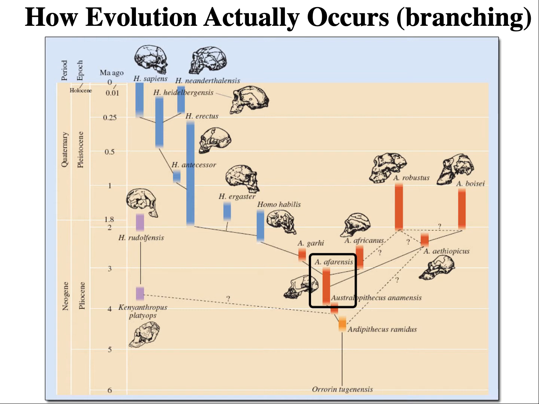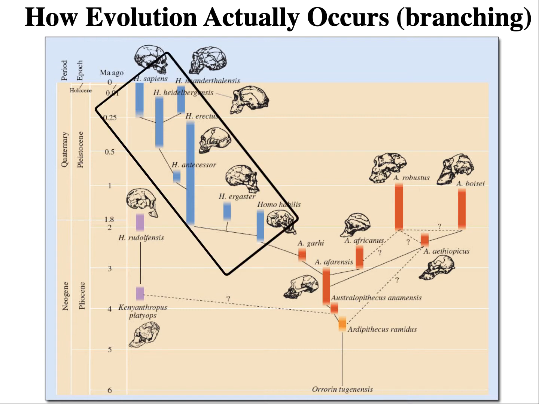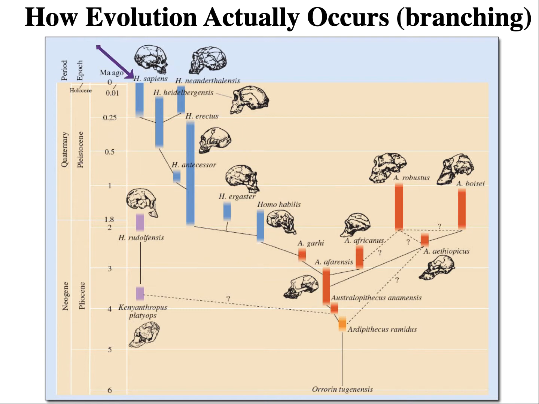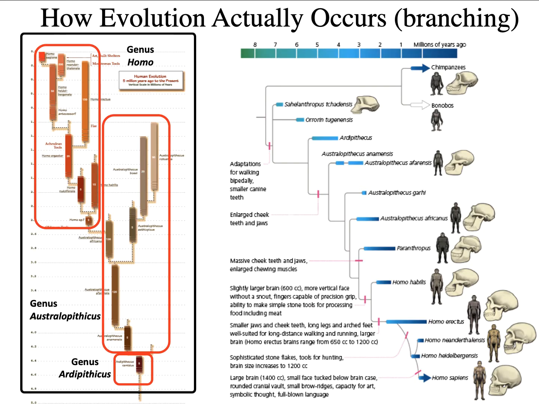And then into the Homo species over here, culminating here with Homo sapiens and Homo neanderthalensis, originating out of a line of Heidelbergensis. And there's another line over here that's not really well resolved, of another set of skulls that have been found.